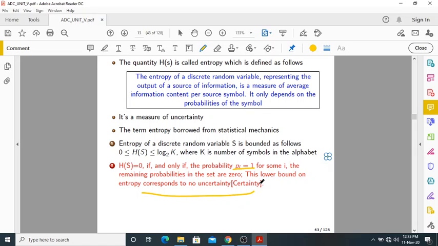The symbol is certain because it has probability 1, or 100% probability. If something happens with probability 1, we say it is certain, it will definitely occur. In that sense, there is no question of uncertainty, no ambiguity, no confusion at all. We are very sure that the symbol will occur with full probability. That's why entropy is 0. Why? Because there is no uncertainty. I told you, it measures uncertainty. If there is no uncertainty, there is no entropy, meaning it is 0.